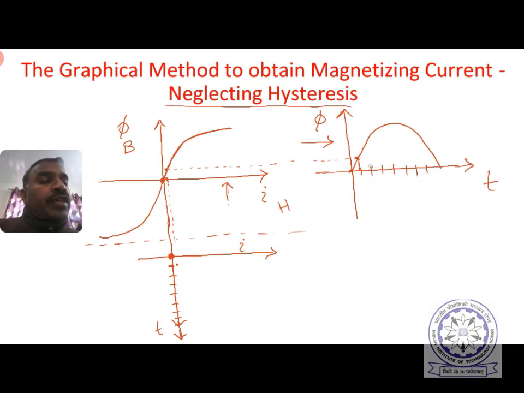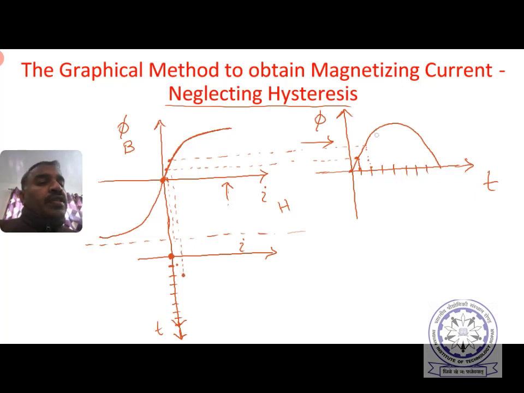Then for the second point, this flux traces here, and corresponding to that, at the second instant you have to plot like this.